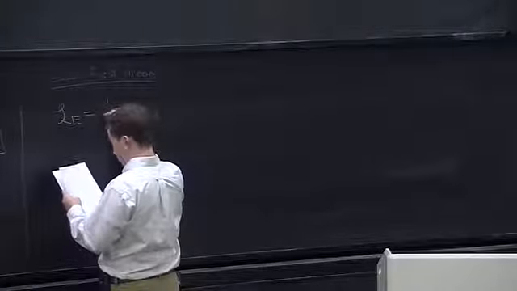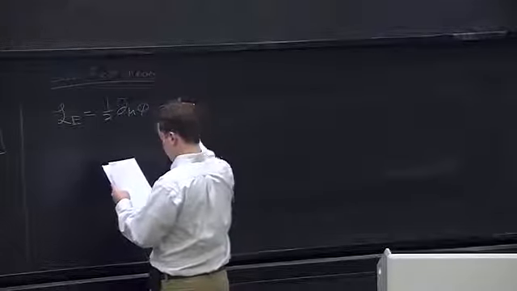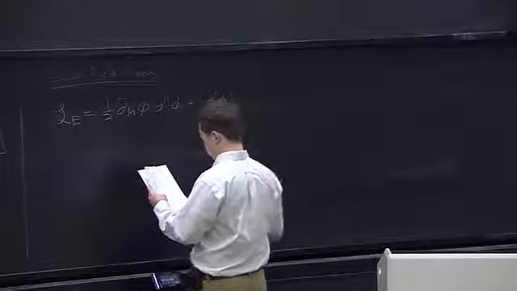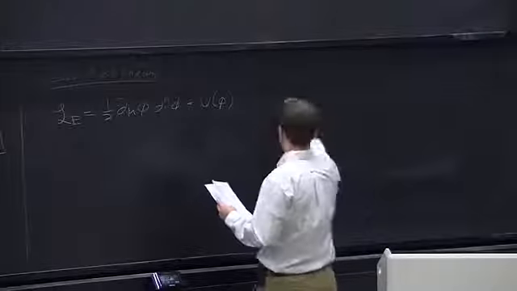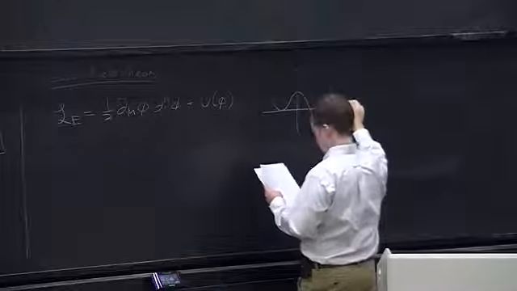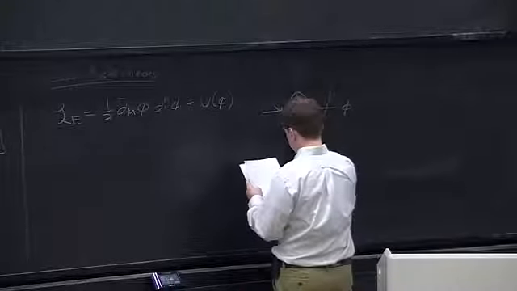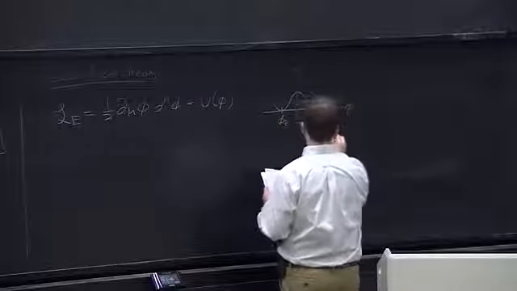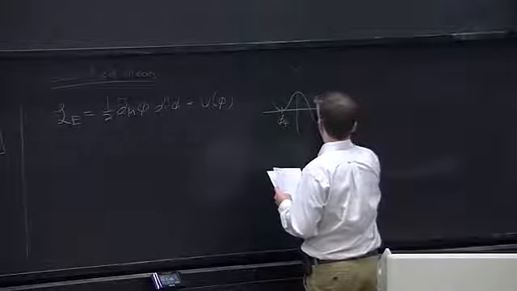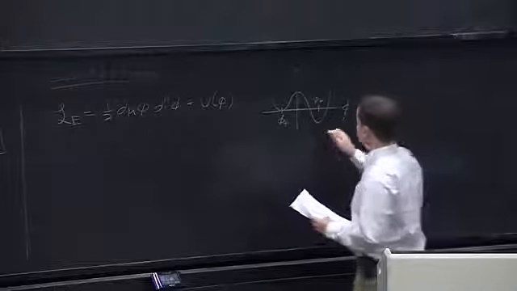And so if we're interested in a theory with a Euclidean Lagrangian that just has a canonical kinetic term and some potential, where the potential has a local minimum and a global minimum, let's call the field value at the local minimum phi_f, and the field value at the global minimum phi_t.